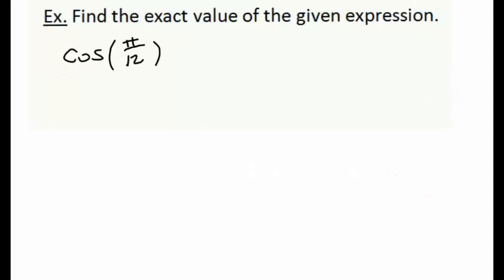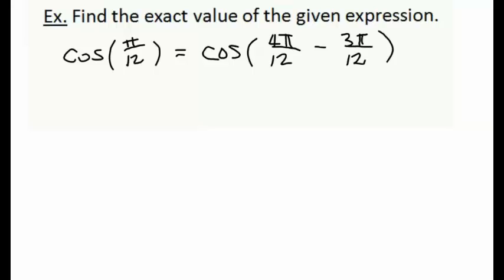In our last example, we're going to try to evaluate cosine of pi by 12. Once again, since pi by 12 isn't one of our reference angles, we want to break this up into either a sum or difference of two things that we can find reference angles for. In this case, good candidates are 4 pi by 12 and 3 pi by 12.